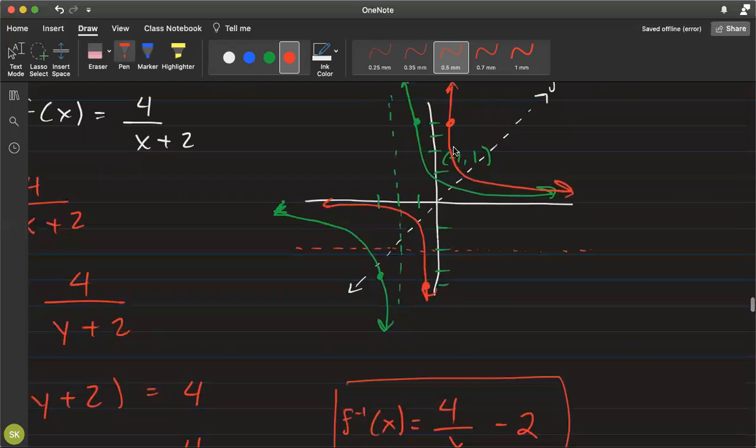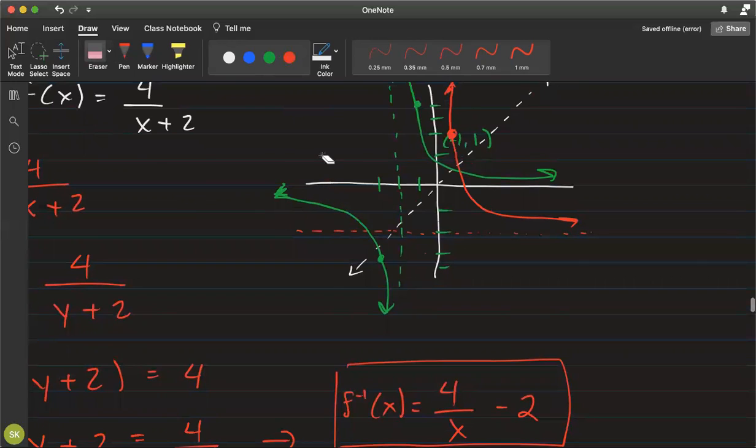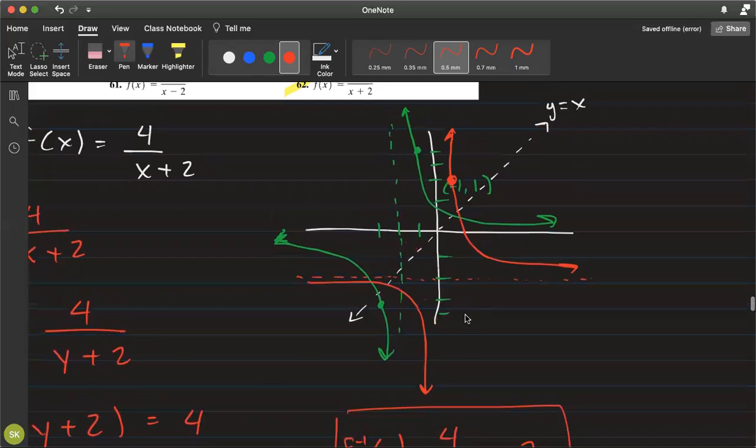So what we're going to get is something very similar, just like this, and then move this graph down. So something like that.